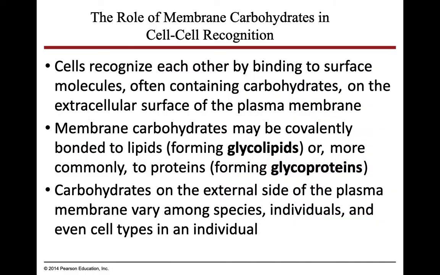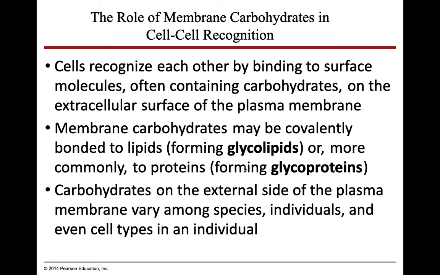Now, part of the cell membrane is the role of membrane carbohydrates that are used in cell-to-cell recognition. So cells not only produce proteins, but they also create very specific carbohydrates in terms of antenna or receivers that they embed in the membrane.